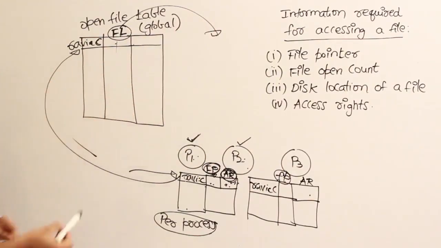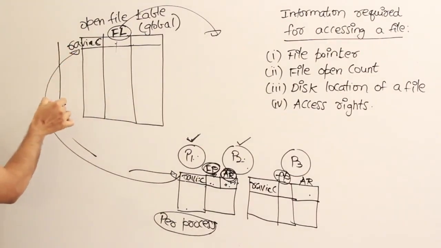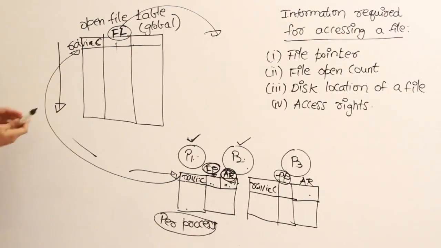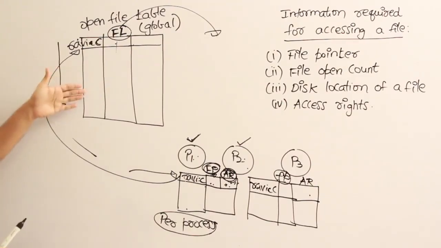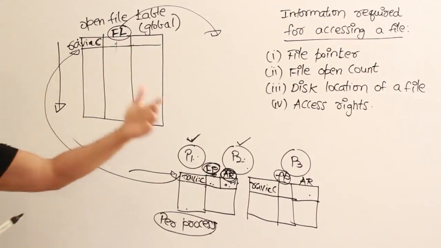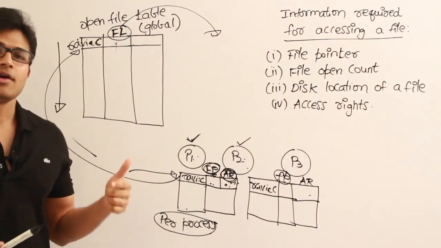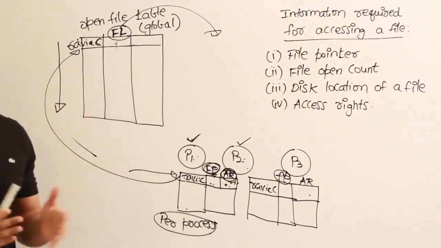Got it? So this particular file table is going to grow depending on the number of files which are currently open, and whenever a file has been closed, you are supposed to delete the entry so that you can make space for other files, right? But then how can you understand whether everyone has closed it?